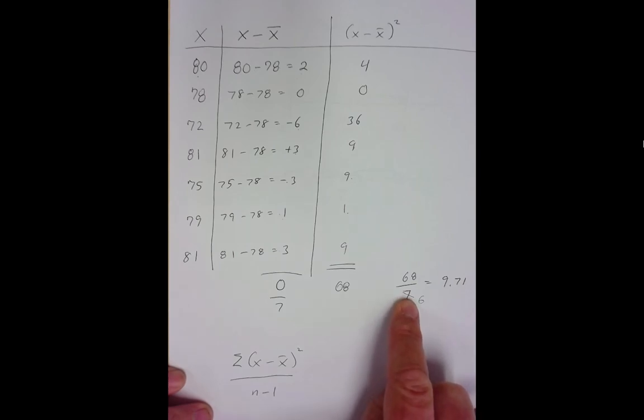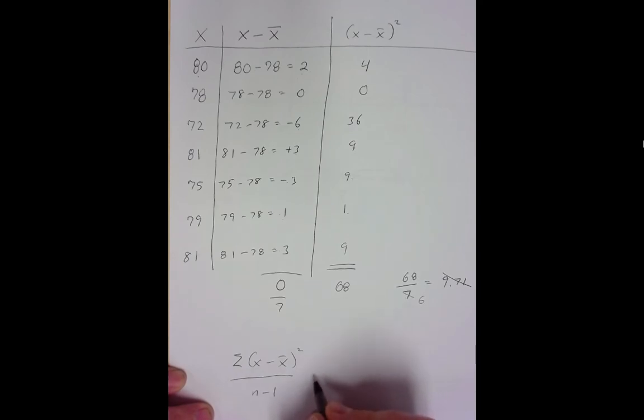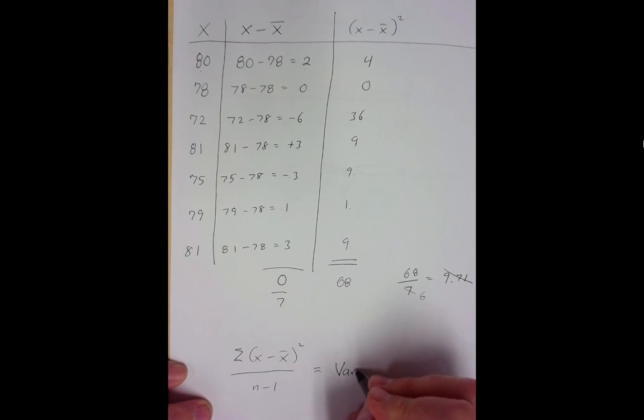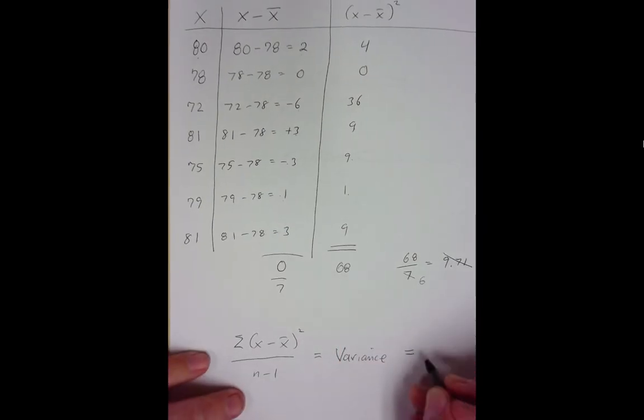Now, we initially divided by n, but again, for reasons too complex for this class, it's better to divide by n minus 1. They said, well, we need to give this a fancy name. And they called this the variance. So guys, the variance for this problem would be 68 divided by 6, which is 11.33.